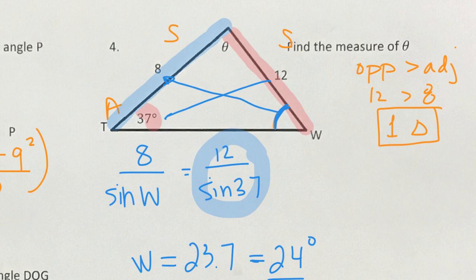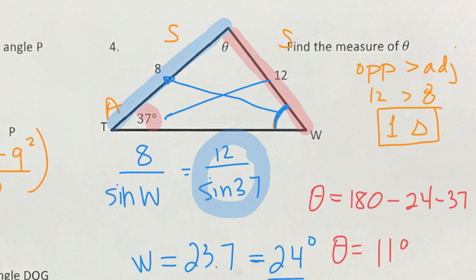Then theta will be 180 minus the 24 that we calculated minus the original 37. If we know 2 angles, we can always find the third angle by doing geometry. That's the easiest way to do it. So theta is going to be 119 degrees for this triangle.